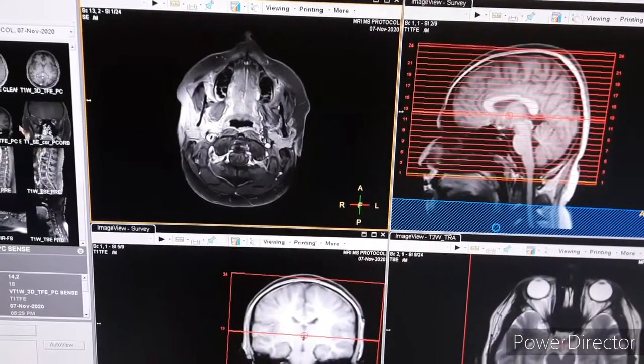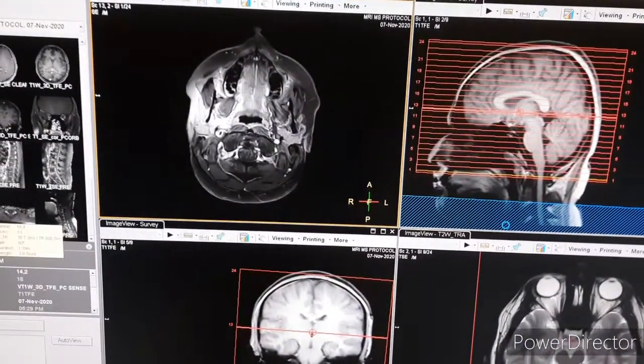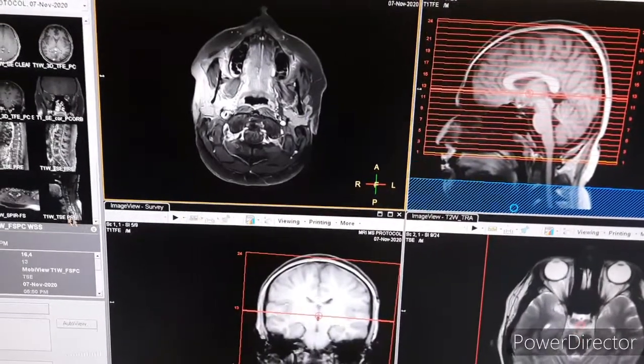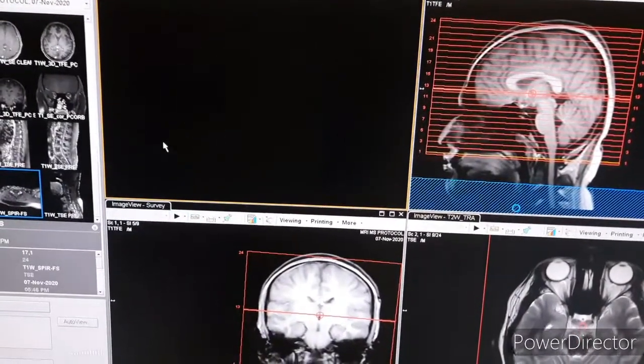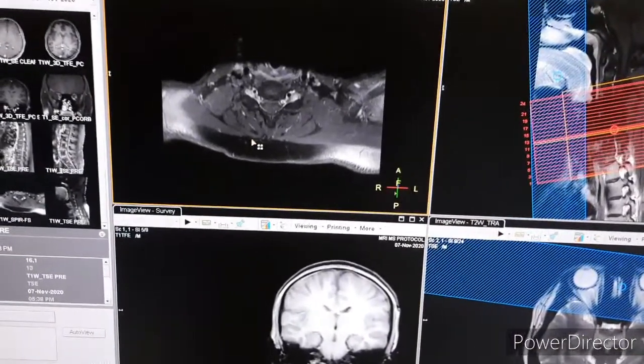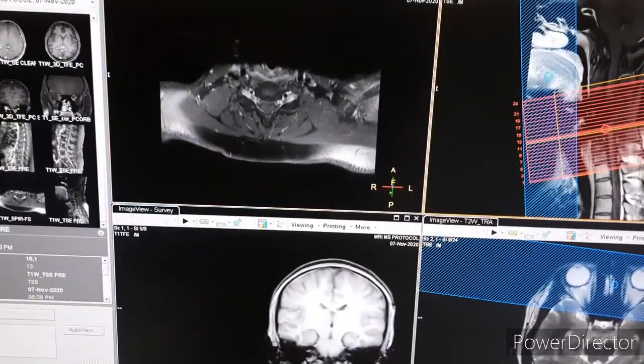We have seen it already. Then post contrast for spine. And the last one is post contrast T1 axial at the cervical region.